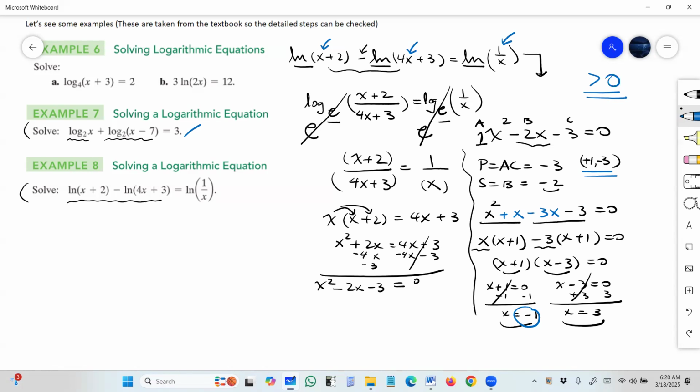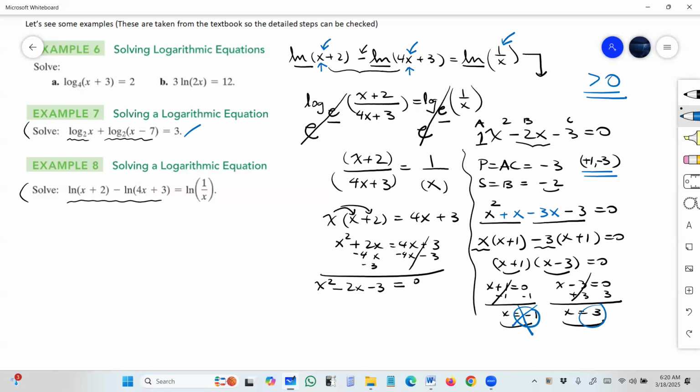When I replace negative 1 here, negative 1 plus 2 is positive. It's okay. When I replace it here, the 4x plus 3, I get negative 4 plus 3, which is negative. So this is already out. I don't even have to bother with the second one. Now let's do the 3.